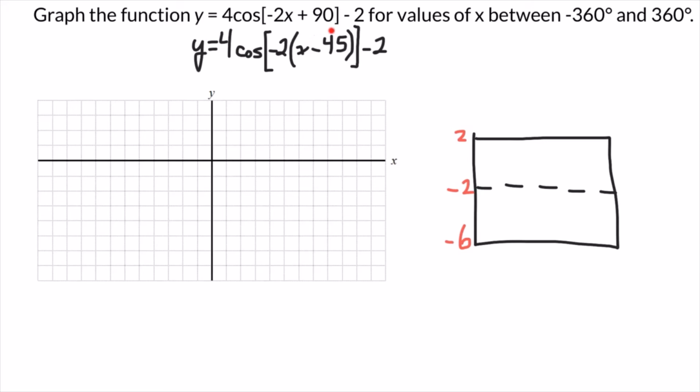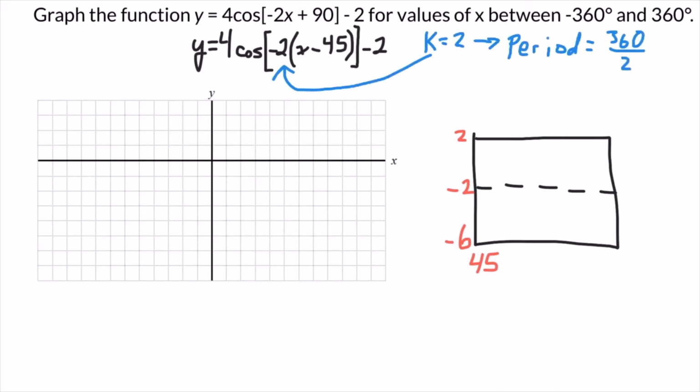I'm shifting my whole function to the right 45 degrees, so that means my starting point horizontally is 45 degrees, and my k value is 2. Which means my period is equal to 360 divided by 2, which is 180 degrees. So starting at 45, I'm going up 180 degrees to get to my end value, which is 225 degrees.